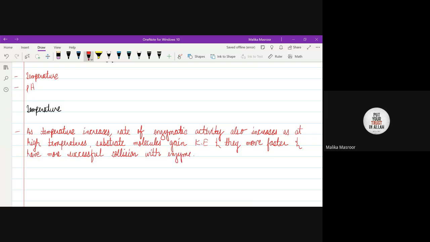This results in formation of more and more enzyme substrate complex, and therefore more product.